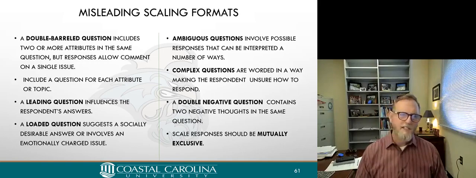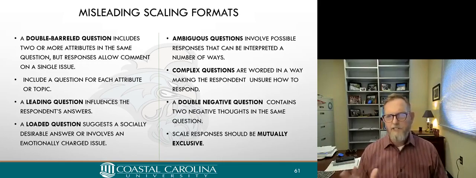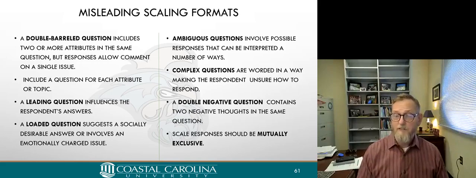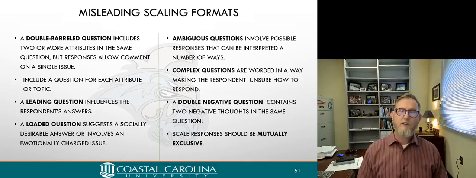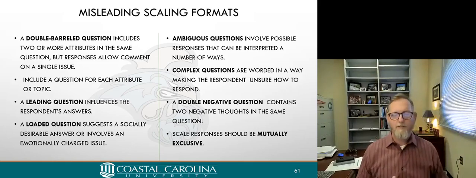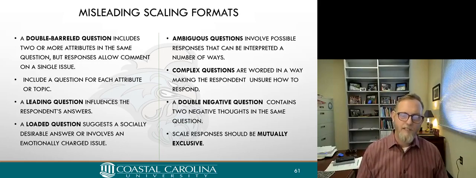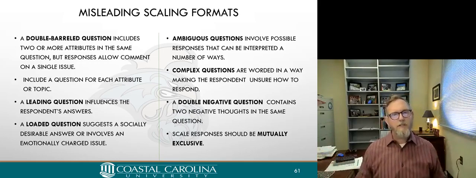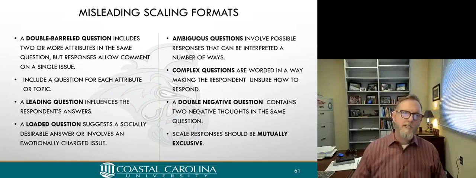Complex questions, again, making things hard to understand, using double negatives or using language that is greater than, say, an eighth grade reading level is difficult. And then items that don't have enough answers or have overlapping answers, mutually exclusive, and also exhaustive, would be thrown in there as well. So this is just kind of a summary of some of these terms.